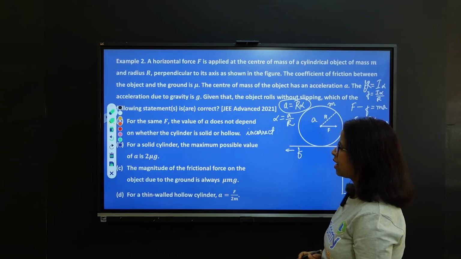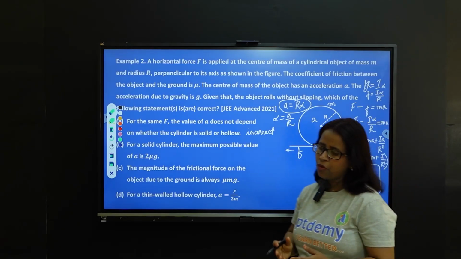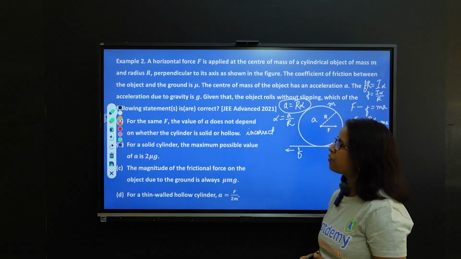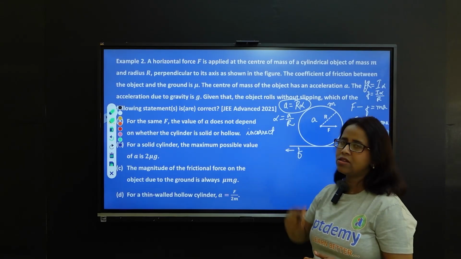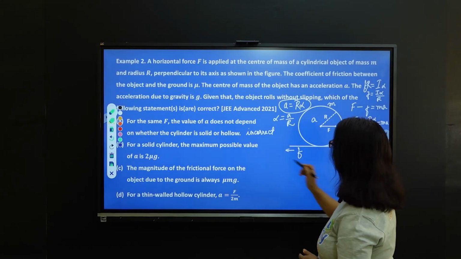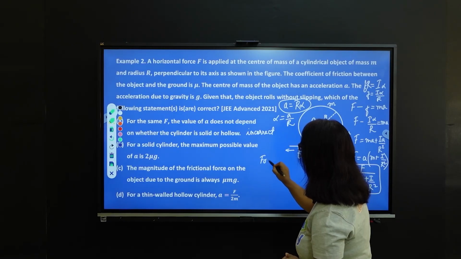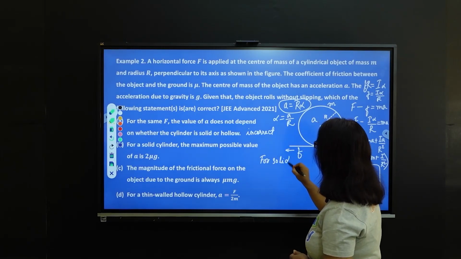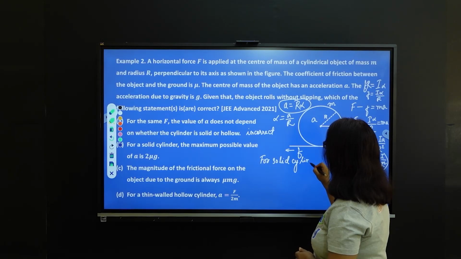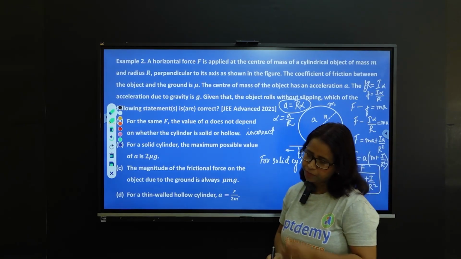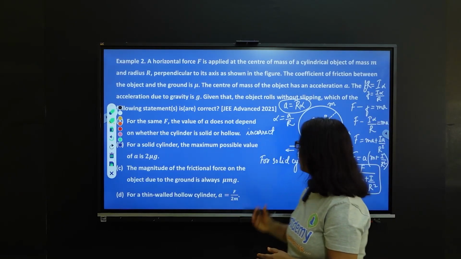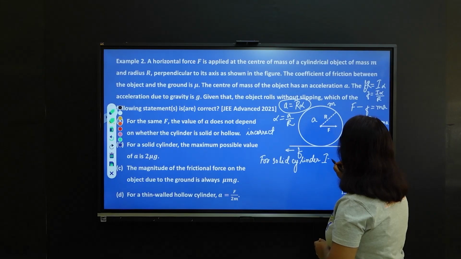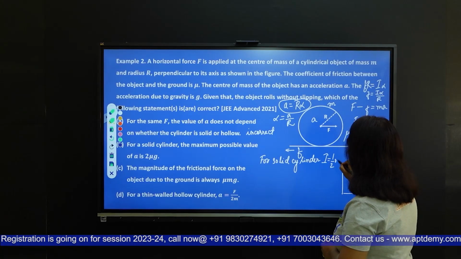Now let us look at the second condition. But before going into that, we shall try to find an expression for A for a solid cylinder. So let's do that. For a solid cylinder, we have I equal to half m R square.